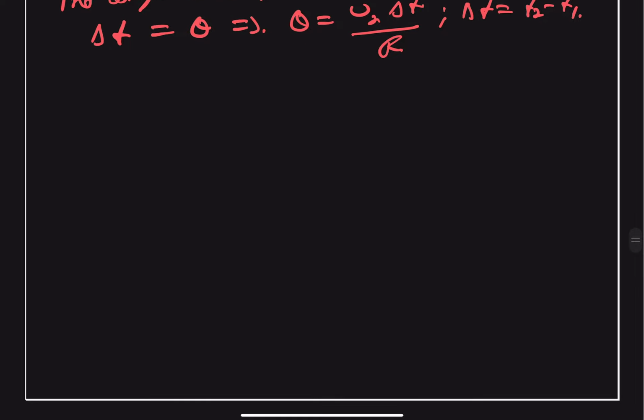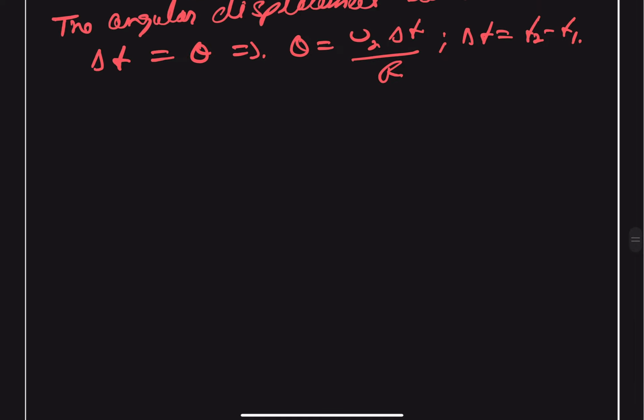Now we simply substitute the values. We can write our velocity is 1.28 into 10 raised to power 6.